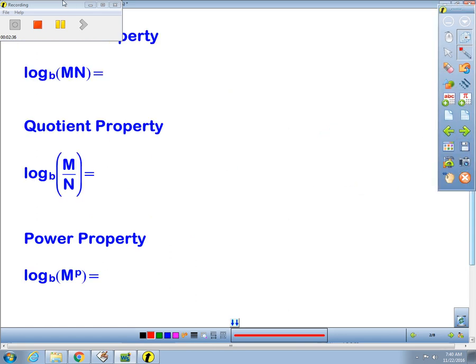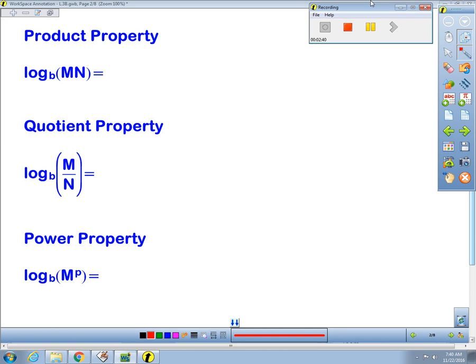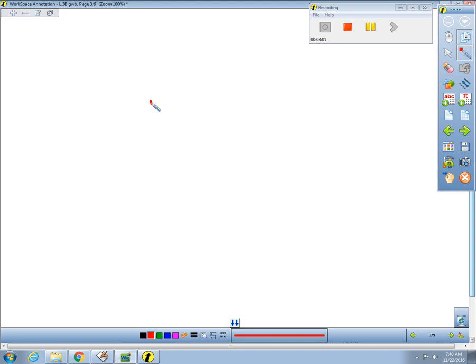All right, how about some more properties here that have a little bit more to them? Three of them that we'll be using quite a bit. First one is the product property. If I'm taking the log base b of m times n, that's a product. Now remember that logarithms are just exponentials written differently. And remind yourself, if we multiply, what do we do with exponents? If I take 2 to the third times 2 to the fourth, we get 2 to the seventh.